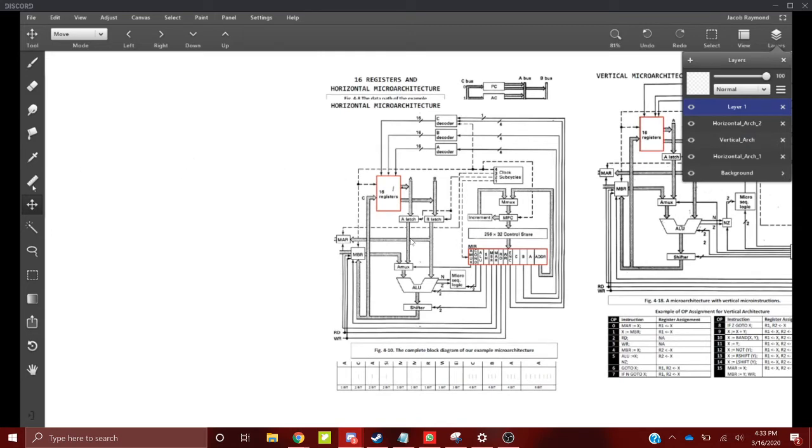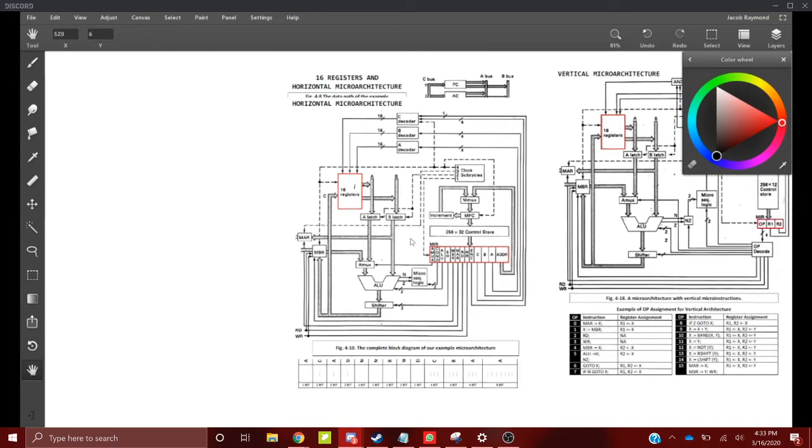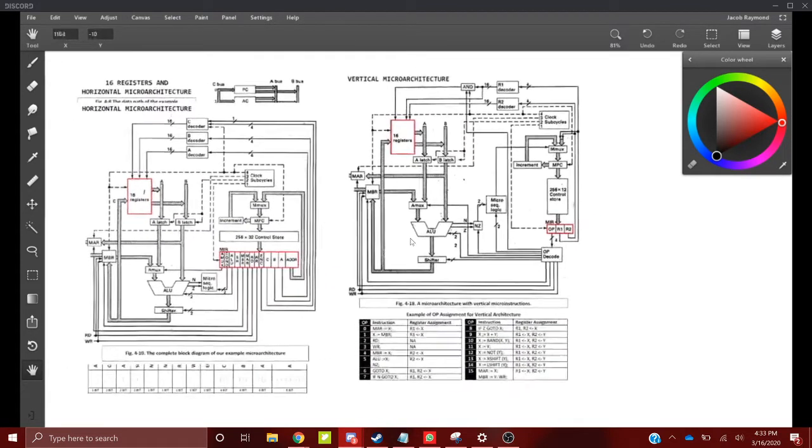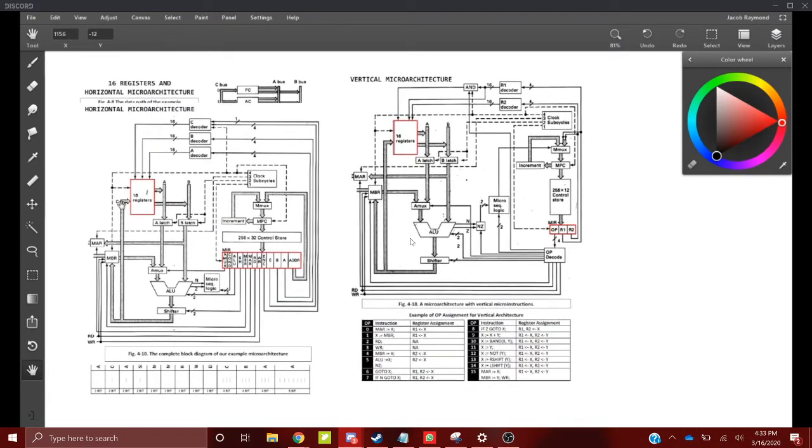Okay, so when comparing these two right here, the main thing that you want to look at is you see this main core here is the same. Actually, let me shift this over here so it makes a bit more sense.